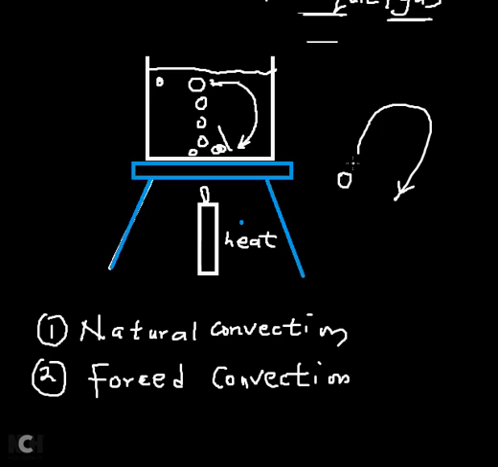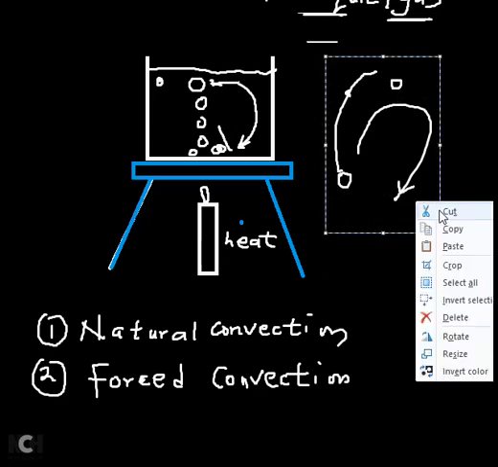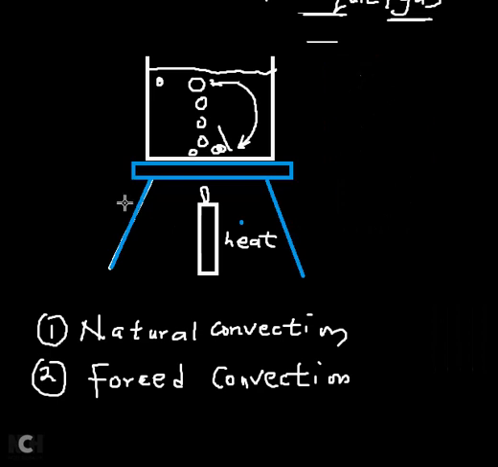As they expand, just the same way a balloon expands, they will float. That's what happens. They rise naturally to give way for the cold molecules to come and replace them. But in a forced convection, it doesn't happen naturally. It is being forced by an external agent.